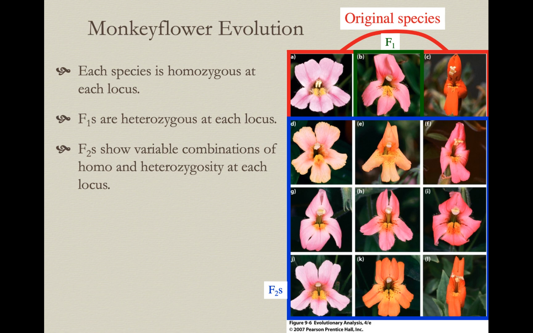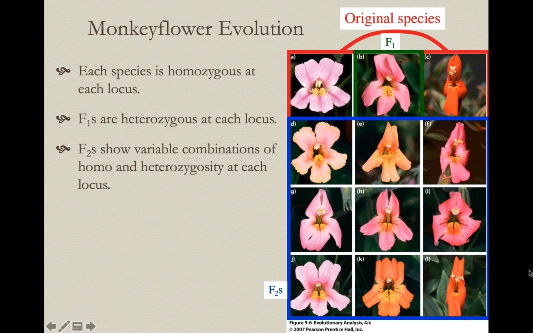So they're kind of fixed in the population for this one allele within each species, such that the hybrids in the F1 generation are getting one allele from one species and one allele from the other to produce this nice intermediate. But at all of these different loci, when you interbreed the F1s, wow, you're getting all combinations of the Lewisii alleles and the Cardinalis alleles at the different loci.